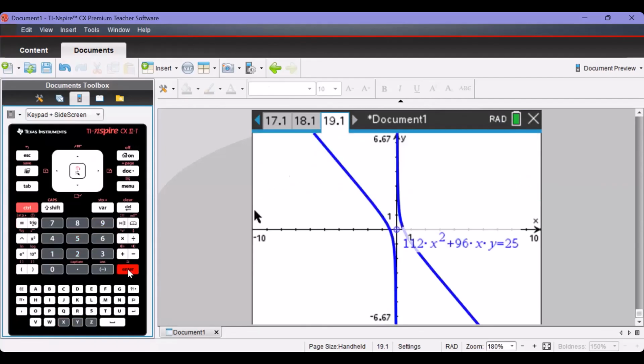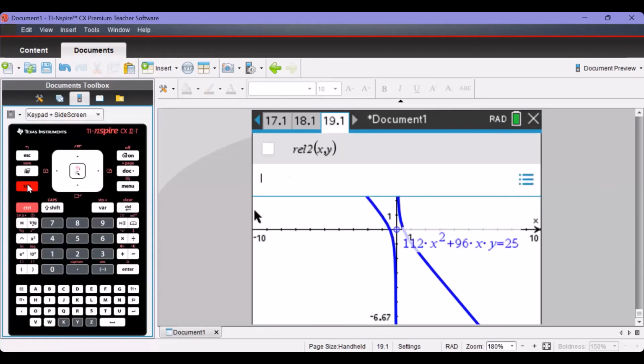Press enter. And our second relation, so press tab, is 112 times x times y, and that will equal 21, and press enter.